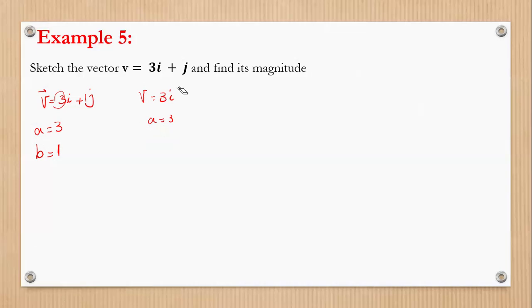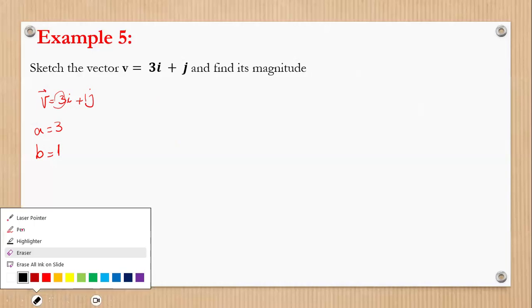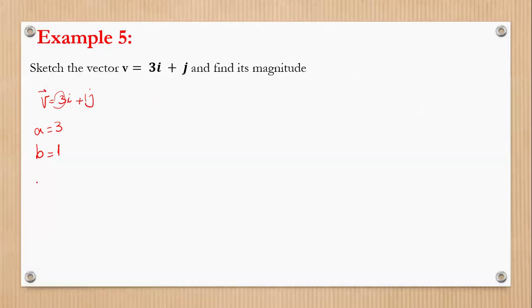Okay. Now, after finding the components of the vector, your vector is the vector (3, 1). That means you need to find this point as the terminal point. So to sketch the vector, we need to find the point (3, 1), and starting from the origin, you can graph the vector.